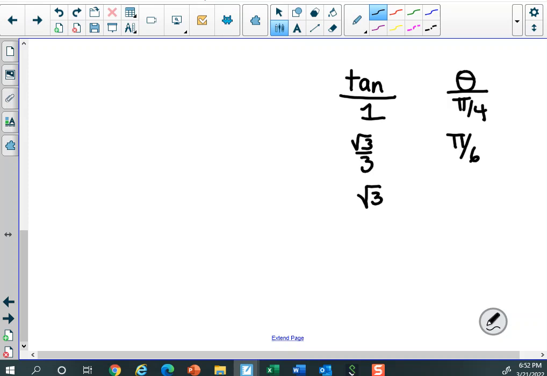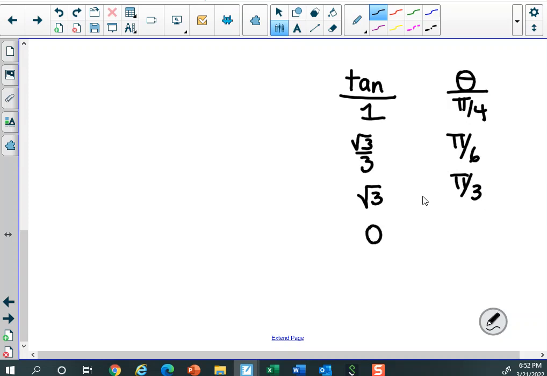Wait, let me make sure I'm doing that right. Oh, okay. Sine over cosine. Okay, yeah, that's right. Pi over 3 is just root 3. So you might think about this as pi over 3 is just a 3, but a 6 is kind of like 2 3s. That might be one way to think about it.